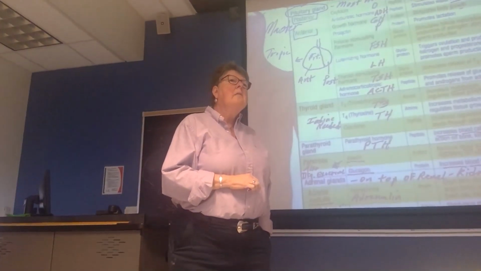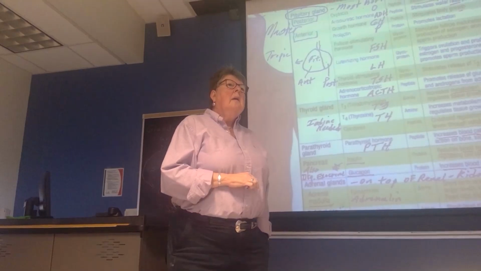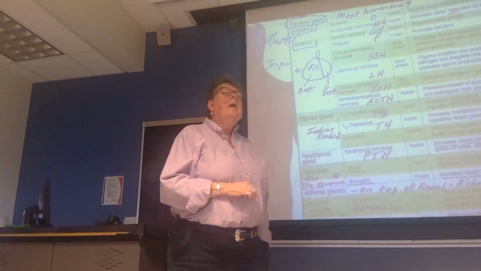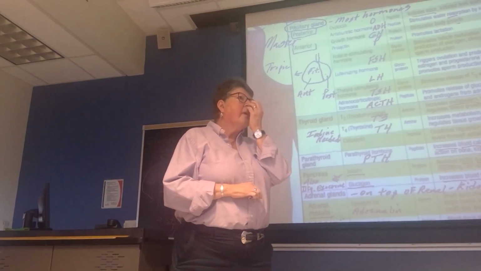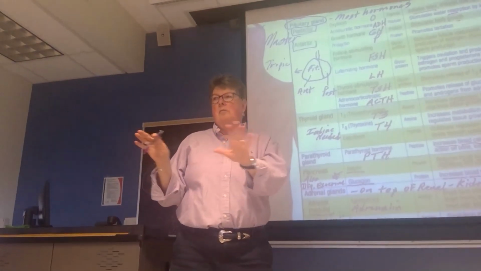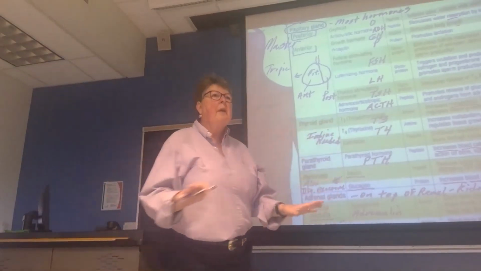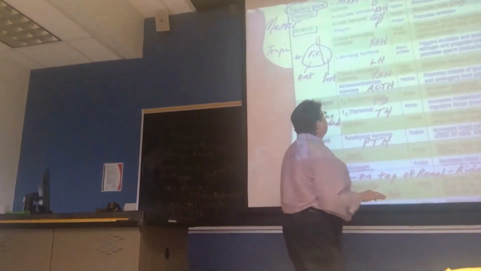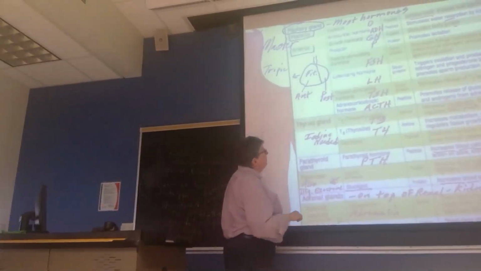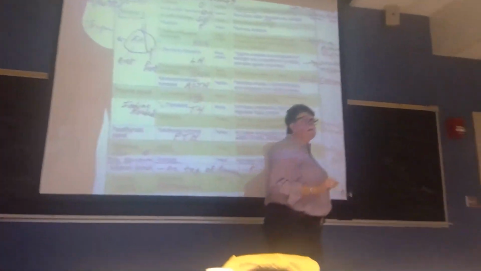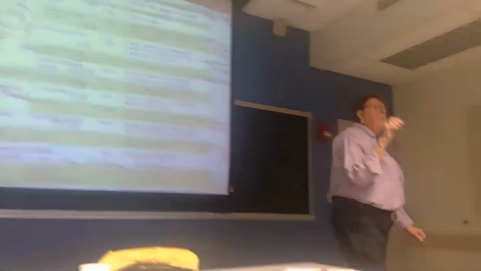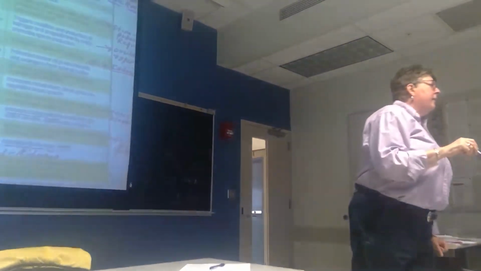What actually is the difference between T3 and T4? Because they both do the same thing, don't they? You're talking about thyroxine now, not to be confused with the T cells. Totally different. T3 has 3 atoms of iodine in it, and T4 has 4 atoms of iodine in it.